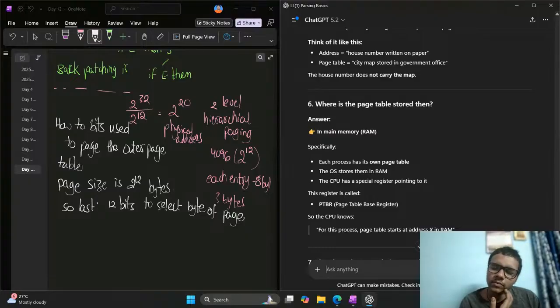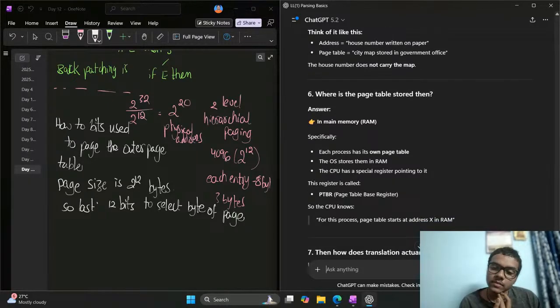Each process has its own page table. The CPU has a special register, the page table base register.